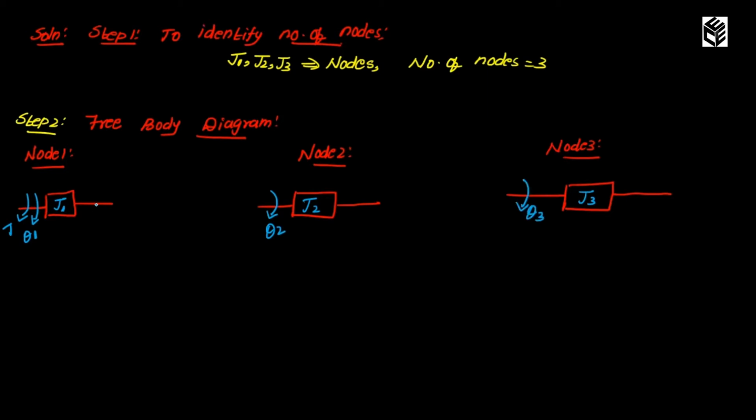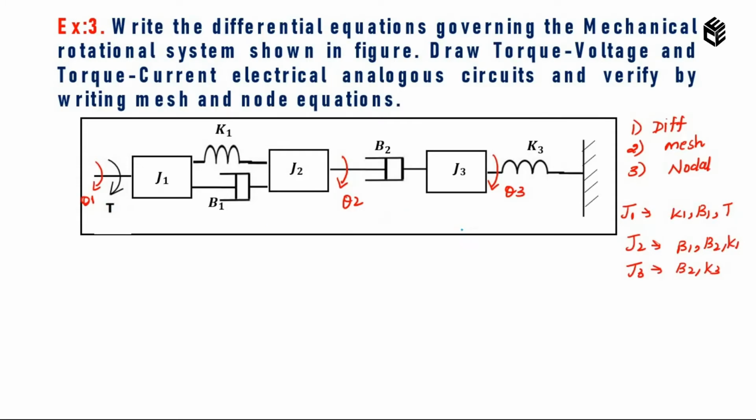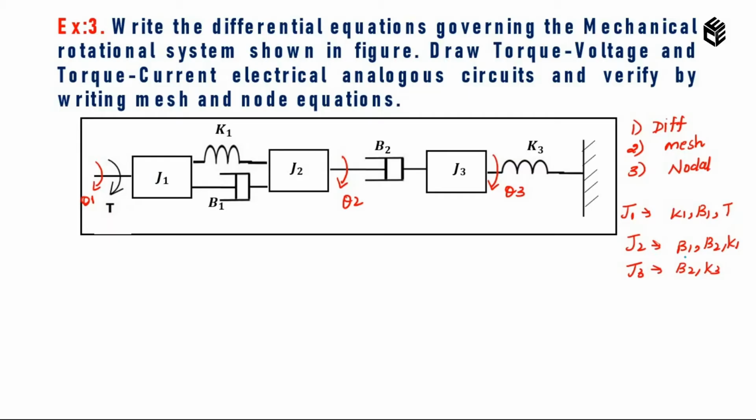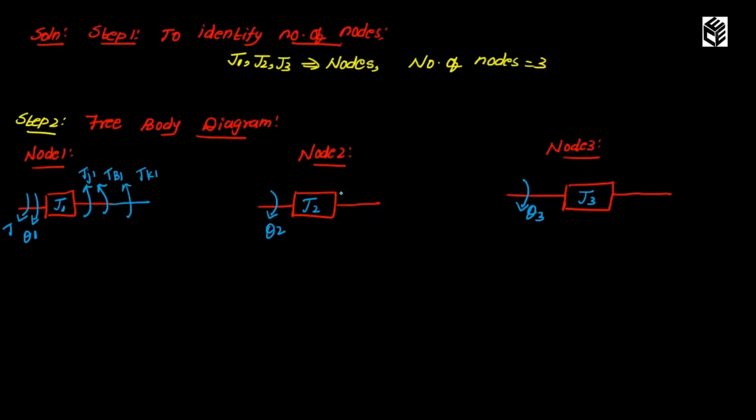So what are all the elements connected to J1? B1, K1 and T. So the opposing torques are TJ1, TB1 and TK1. Node 2, we have B1, B2, K1. So the opposing torques are TJ2, TB1 and TB2.